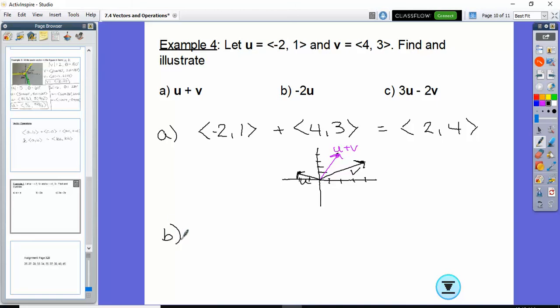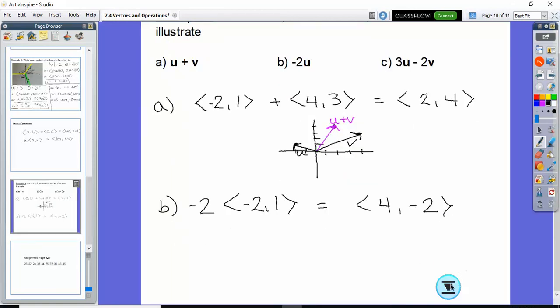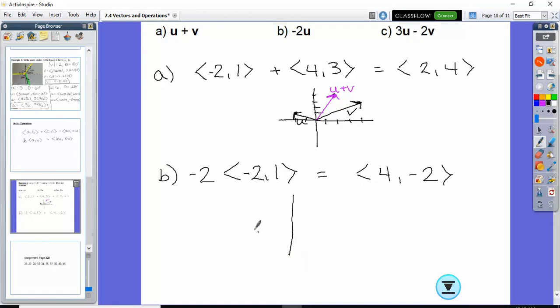Second one, -2U just means -2 times the -2, 1, and we get 4, -2. Once we plotted it, the original vector U was here.